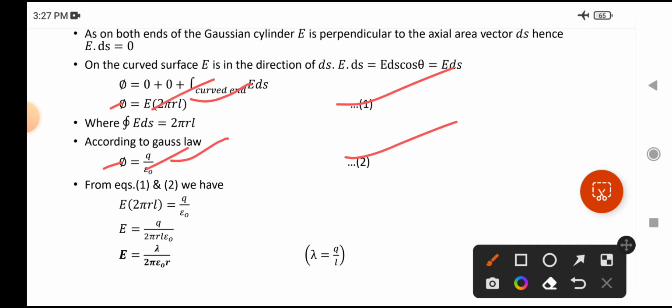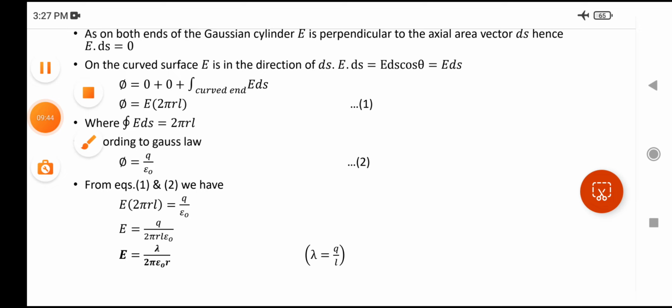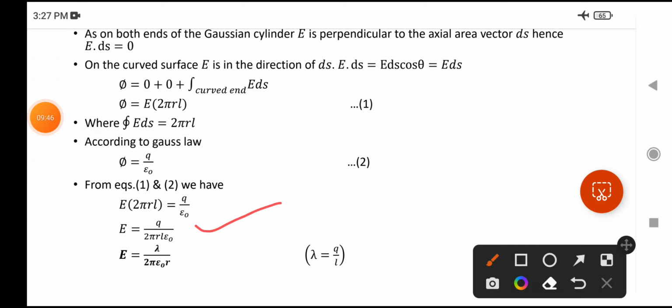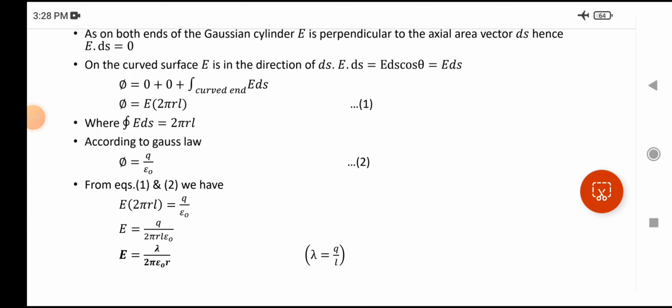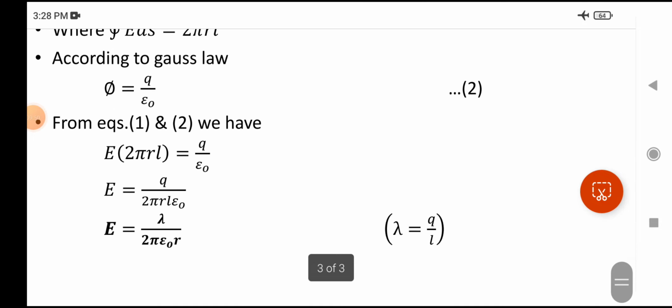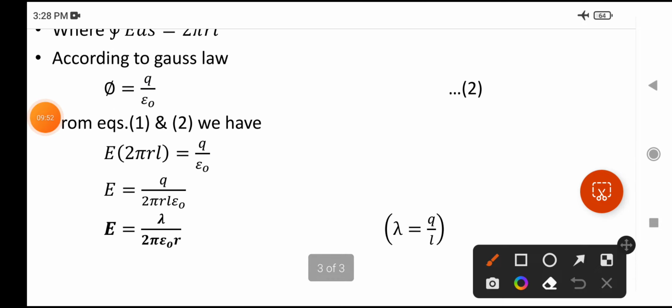Now keep E on this side only and bring the bracket to that side, so it becomes a division. It is written as E is equal to q by 2 pi r l epsilon naught.